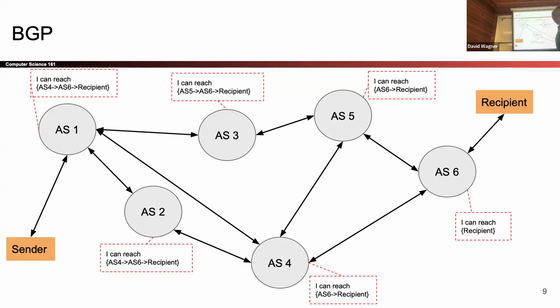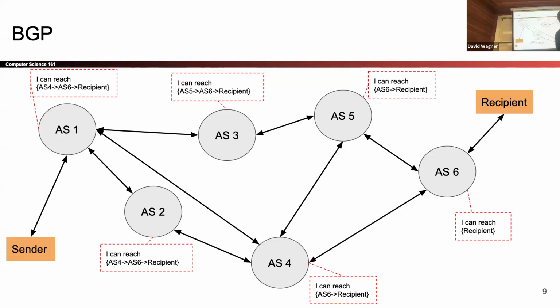No need to send it to 6 because this path was already going through 6. So it sends that to 3 and 4. Router 5 tells 3, I know a way to get to the recipient. Here's the path. And router 3 now knows a way to get to the recipient. Router 5 also sends to router 4, I know a way to get to the recipient.